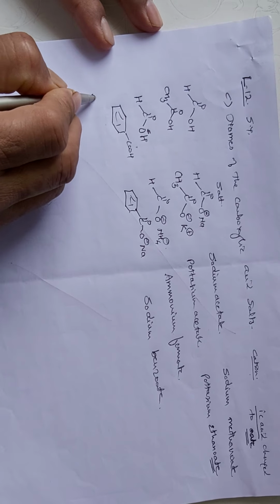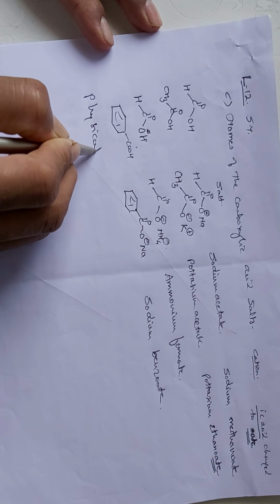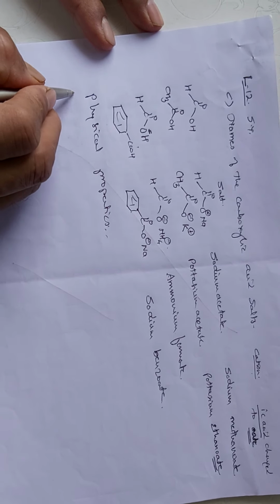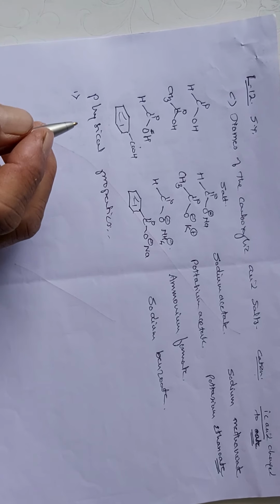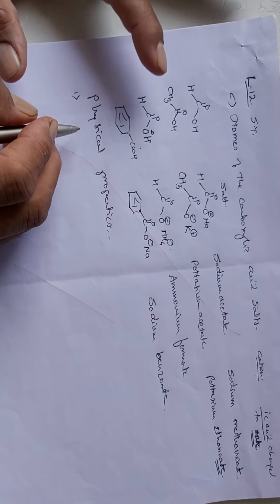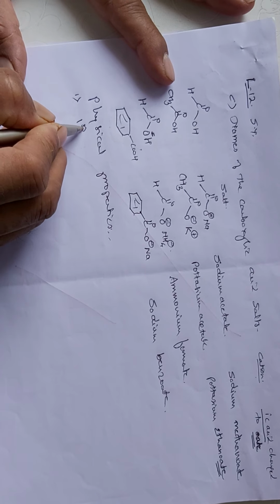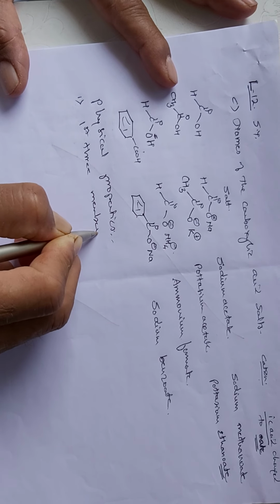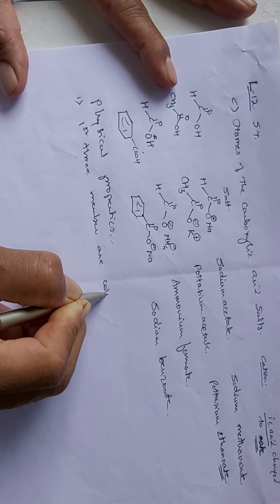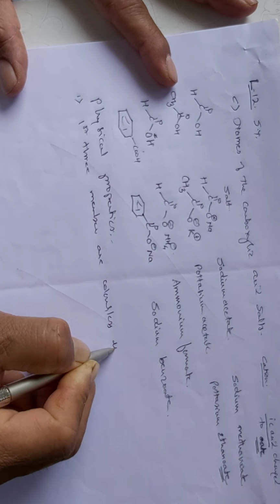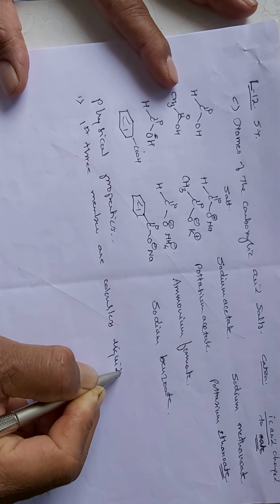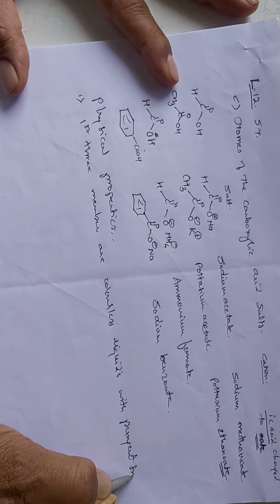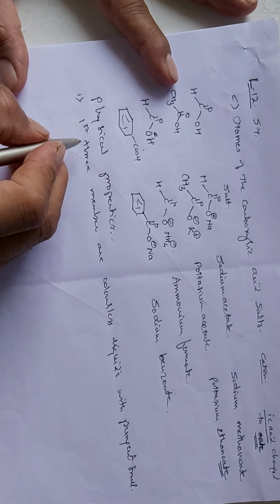Now we will turn towards the next part of our topic, the physical properties. In the physical properties, we will first see that the first three members of the carboxylic acid family are colorless liquids with a pungent smell, meaning it's irritating.